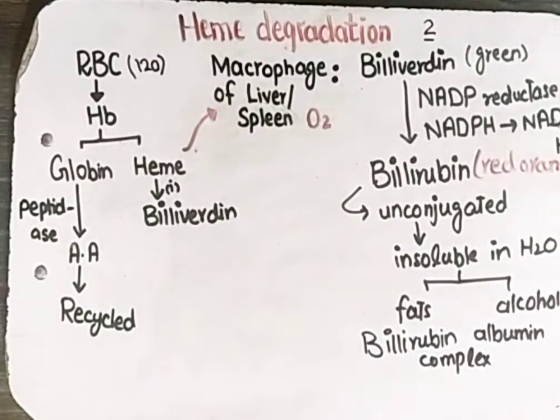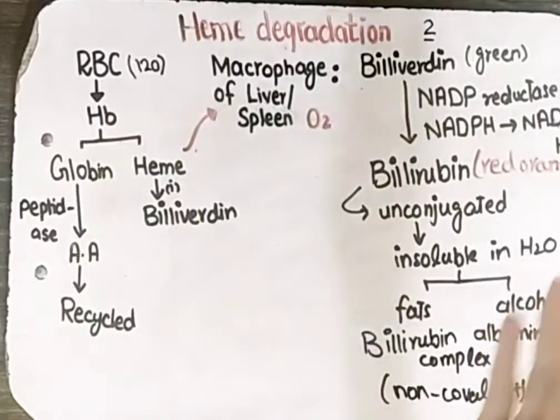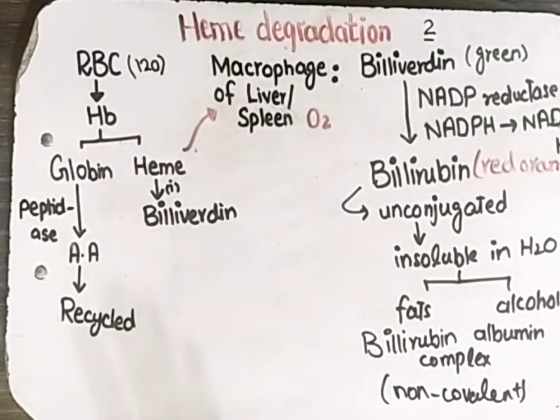Albumin basically transports bilirubin through the blood. Do remember, bilirubin is bound to albumin through a non-covalent bond. It is not a covalent bond, because if it were, it would be a permanent attachment to albumin. It's a non-covalent bond, so whenever the bilirubin-albumin complex reaches the hepatocyte, bilirubin easily separates from the albumin, and then bilirubin enters into the hepatocyte of the liver.